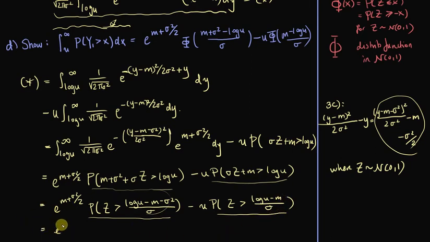And thus we are done with this part of the exercise. So it's phi of minus of this expression, which is then m plus sigma squared minus log u divided by sigma, minus u, and then phi of m minus log u divided by sigma.